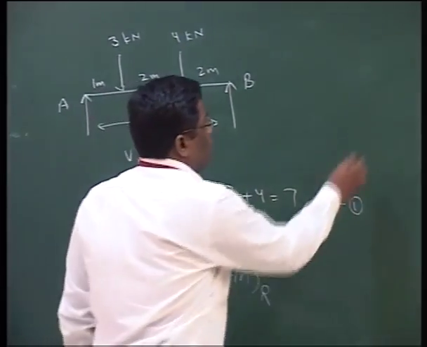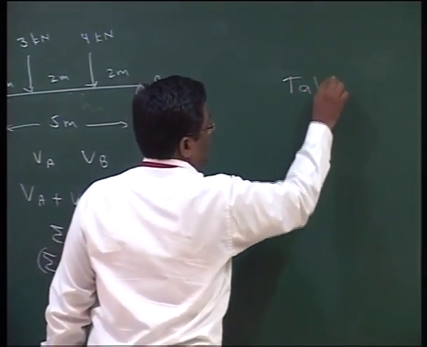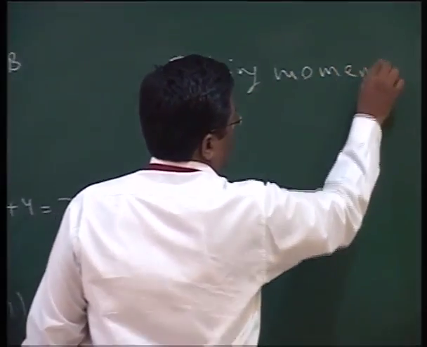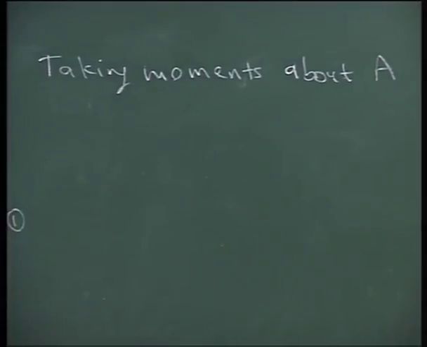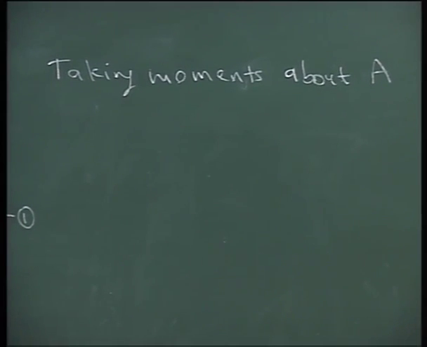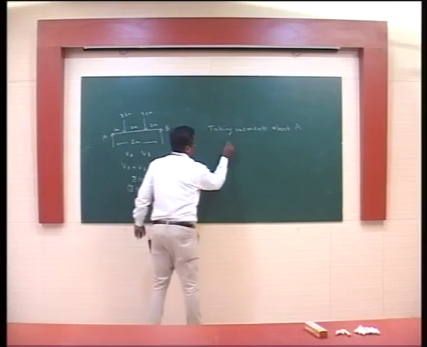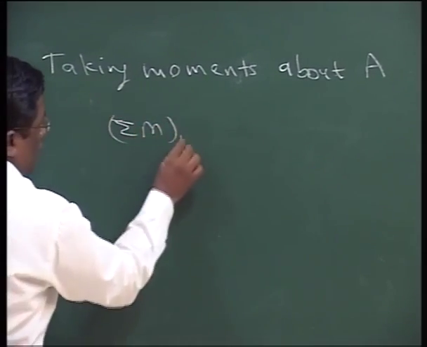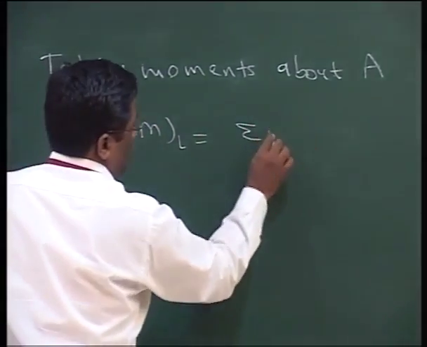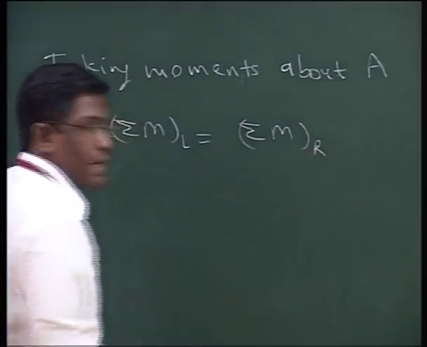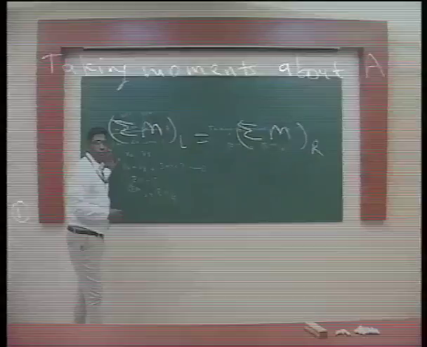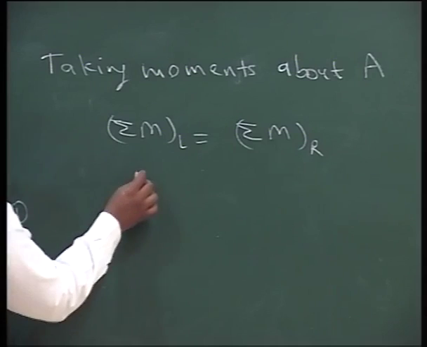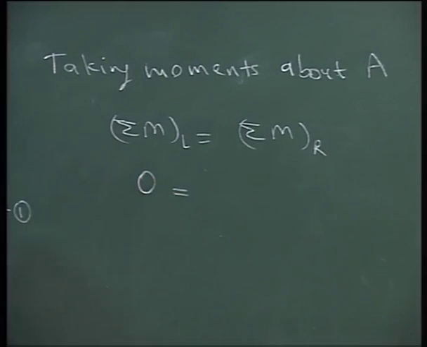So if we take moments about A, at this point we need to determine all the moment caused by the components situated on the left side of A, and in the same way all the components situated on the right side of A. On the left side we don't have anything, so if there are no forces there, this will be 0.